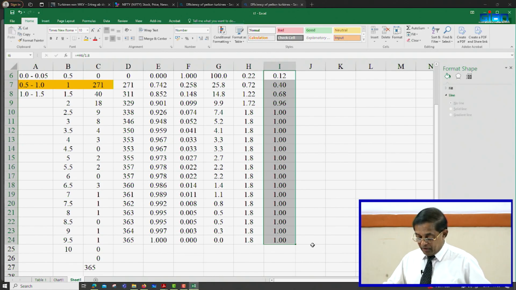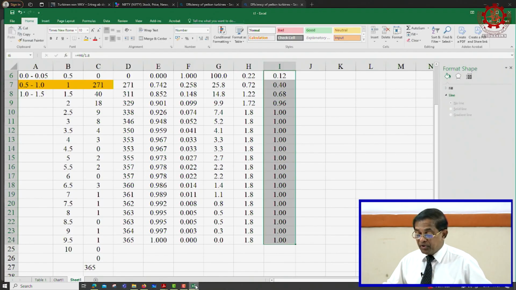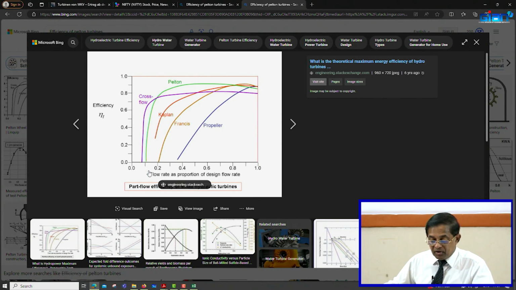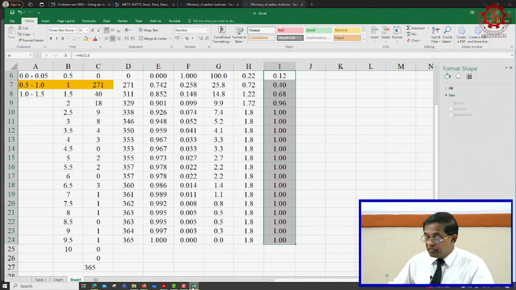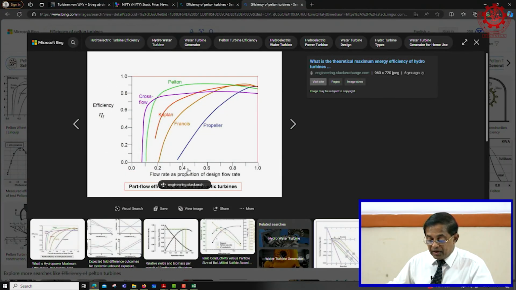Now you can approximately get from that curve the values corresponding to the various points, 0.1 to 0.4 etcetera. Of course, you must do it in an accurate way. Let us say 0.4: you can see the Pelton is already at the 90 level by 0.4.